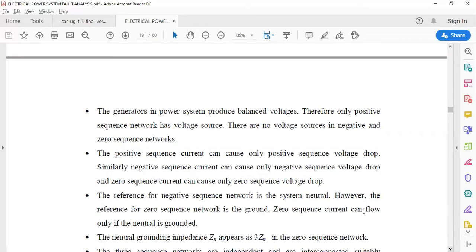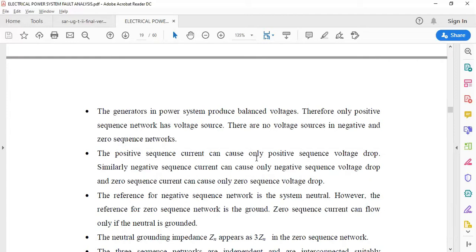The positive sequence current can cause only the positive sequence voltage drop. Similarly, negative sequence current will cause only the negative sequence voltage drop, and zero sequence currents can only cause the zero sequence voltage drop. The reference for the negative sequence network is the system neutral.